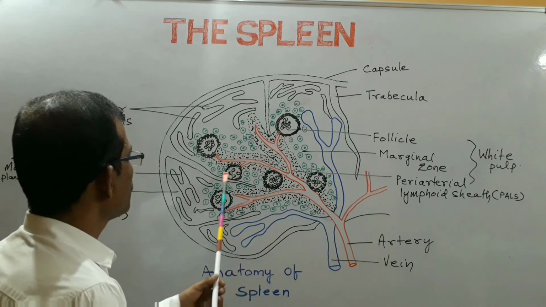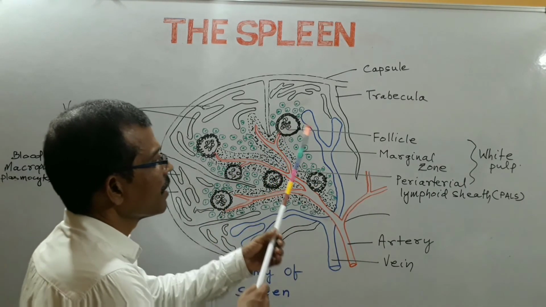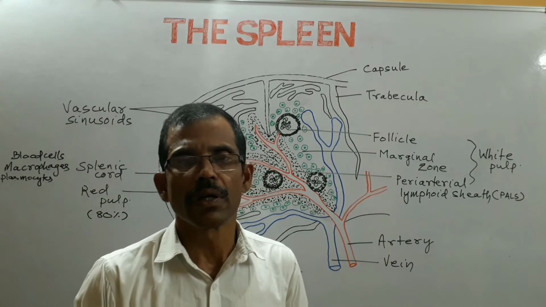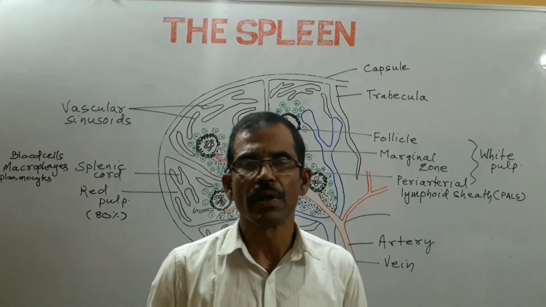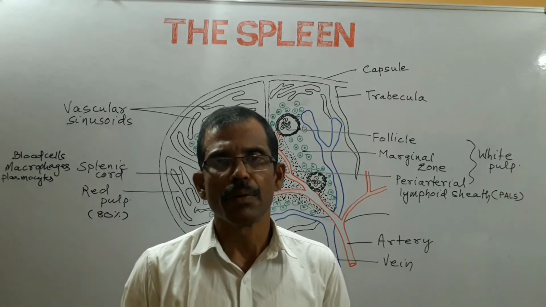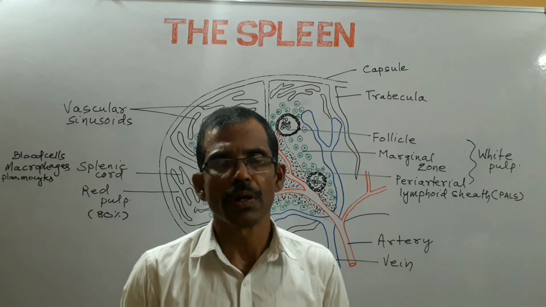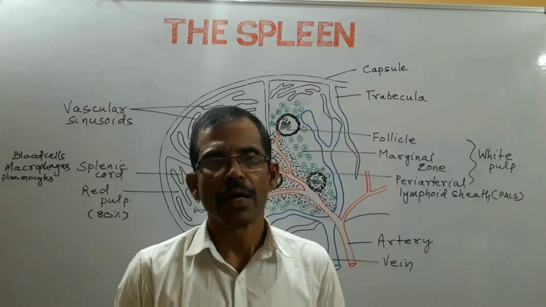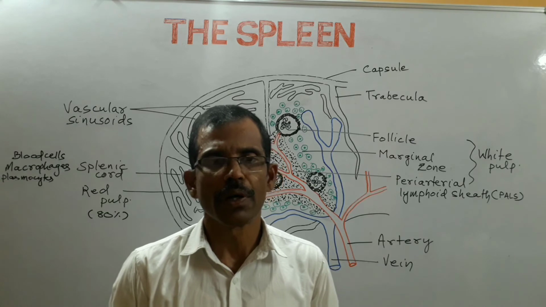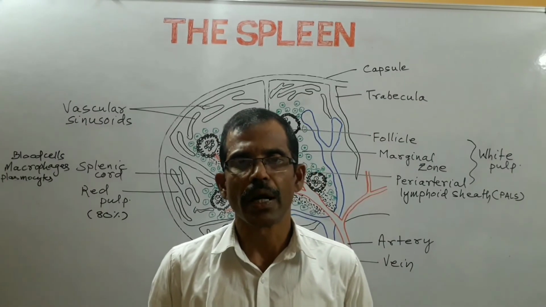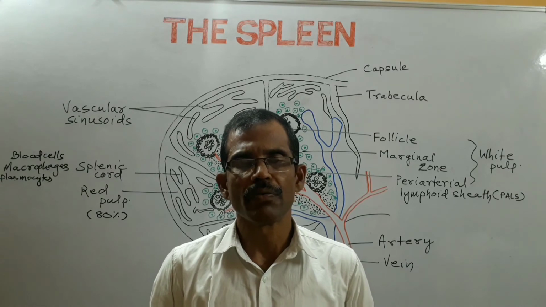Two types of lymphoid follicles are seen in the white pulp. They are the primary lymphoid follicle and the secondary lymphoid follicle. The primary lymphoid follicle contains mainly small immature lymphocytes. When the primary lymphoid follicle matures and increases in size, it is known as a secondary lymphoid follicle.